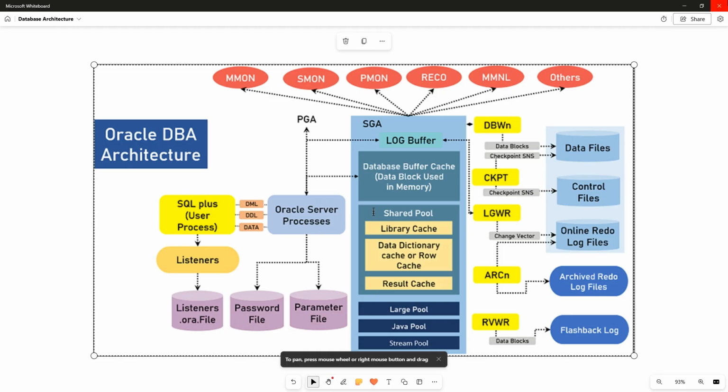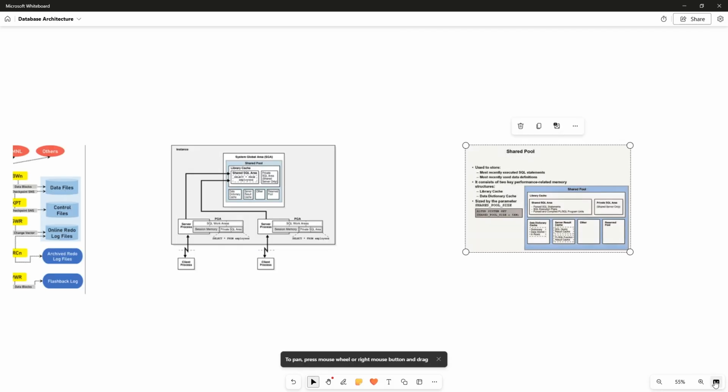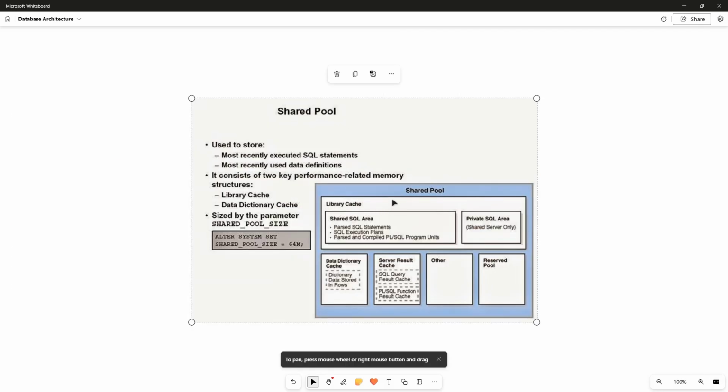So what is a shared pool, and what does it actually contain? You're able to see the shared pool, right? Shared pool is one of the memory components of the SGA. Shared pool basically is used to store most recently executed SQL statements and most recently used data definitions, and it consists of two key performance related memory structures.